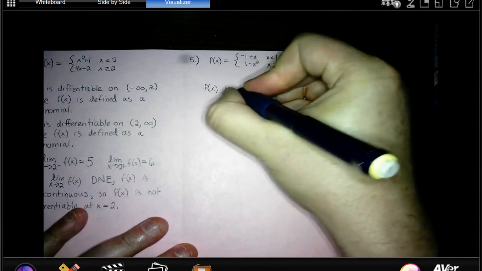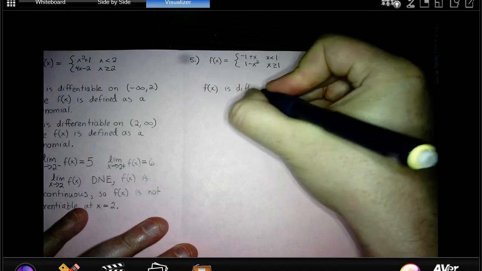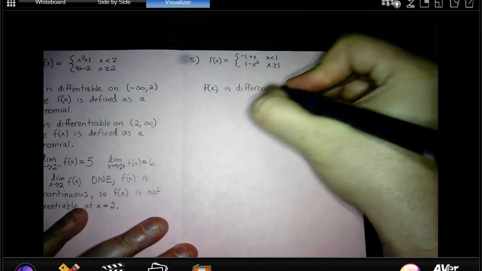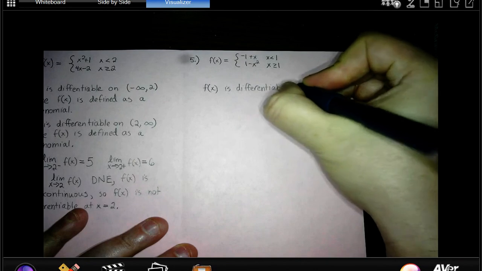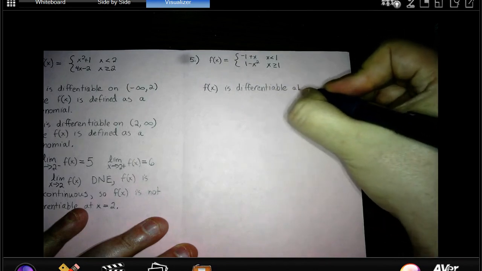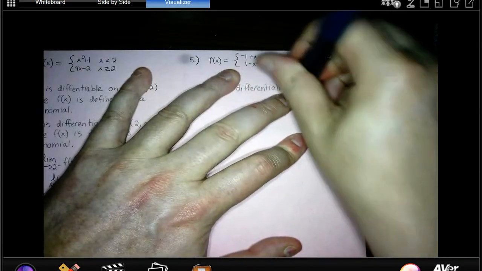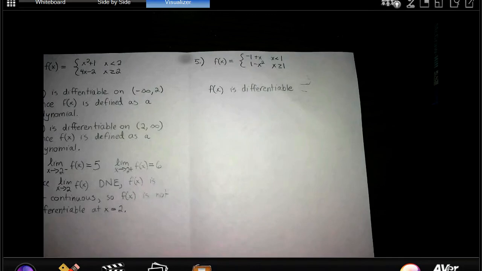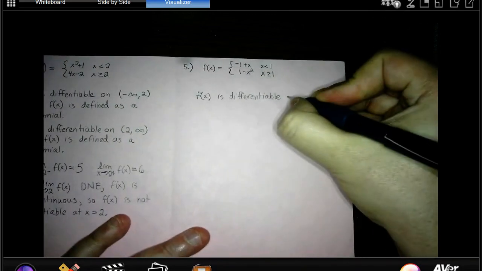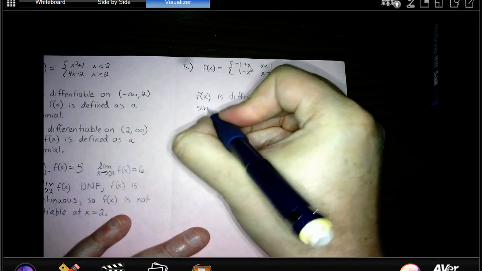So we're going to turn our attention to number 5, and in number 5, we're going to do something very similar. You'll notice that my justification here is slightly different for the differentiability of the two pieces. This time I mixed it up by declaring specifically what kind of function we have. So they are polynomials, but the first one is linear and the second one is a quadratic, which is equivalent to saying they are polynomial functions.